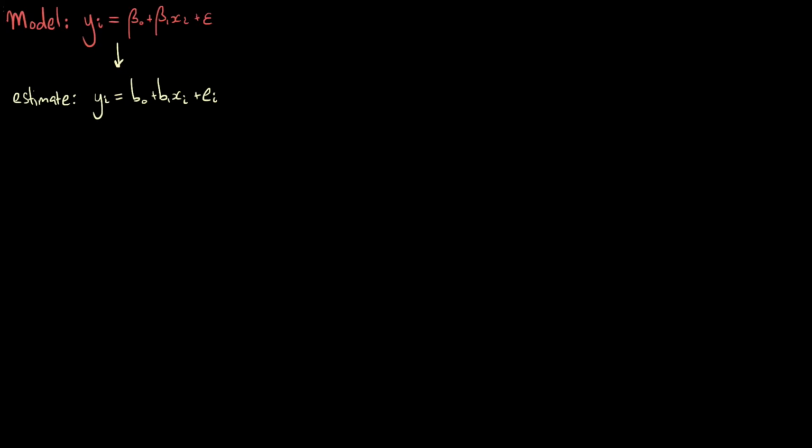Remember that we said this line of best fit in our data is such that we minimize the sum of the squares of all these error terms, ei. So we minimize the sum from i equals 1 to n of ei squared.